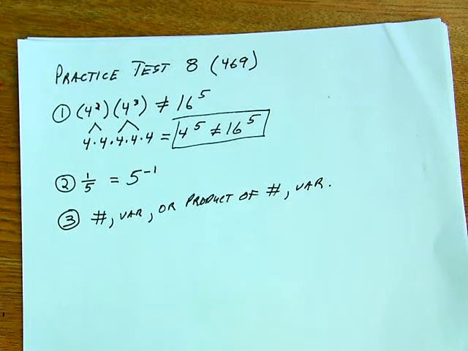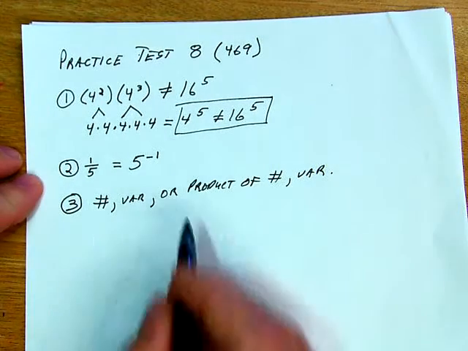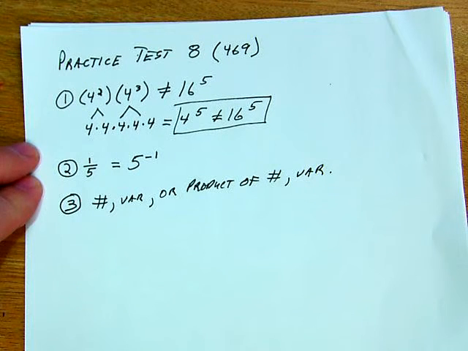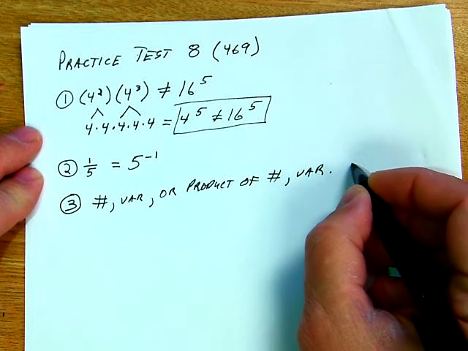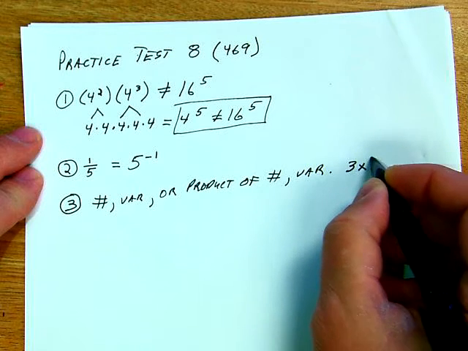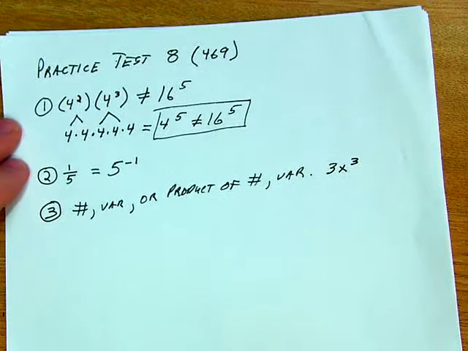So as long as we're doing multiplication and we have numbers and variables, we're in good shape. So an example of that could be, let's just use an example, 3x cubed. That is a monomial.